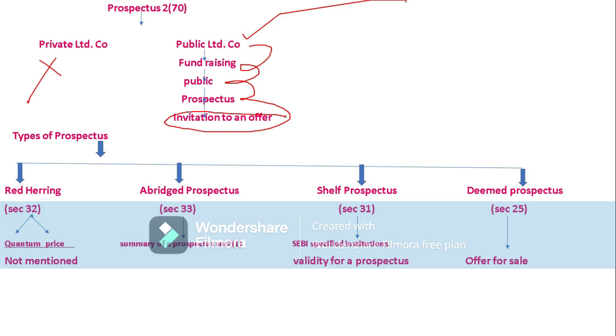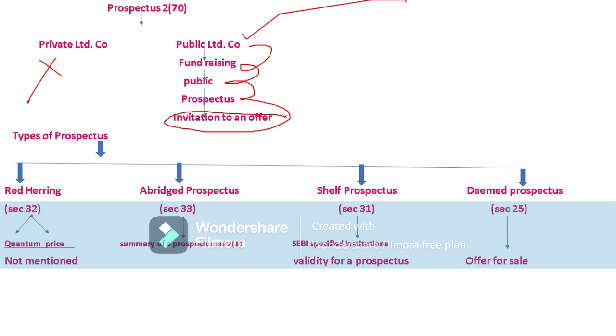For example, this year it went for a public issue, so at that time it has to submit its prospectus to the ROC, and next year also, if it goes for public subscription, it has to issue a prospectus to the ROC.